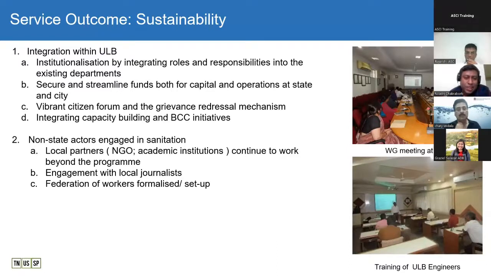We faced this challenge during FSM also, and now too. So we clearly defined roles and responsibilities. We did that exercise sitting with the ULB: which department is currently doing what and who will be responsible. But it is not the end game, because it needs further endorsement and lots of other processes. That part is finished and has gone for endorsement.